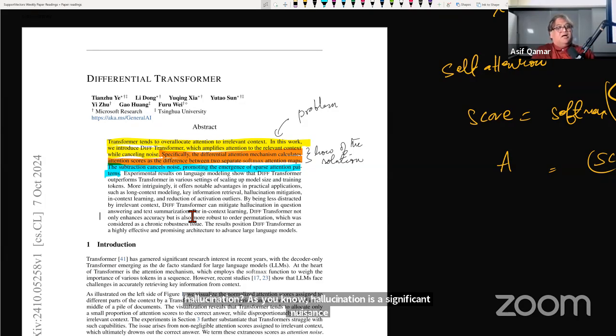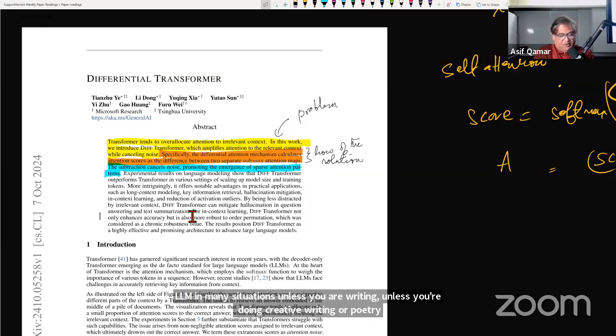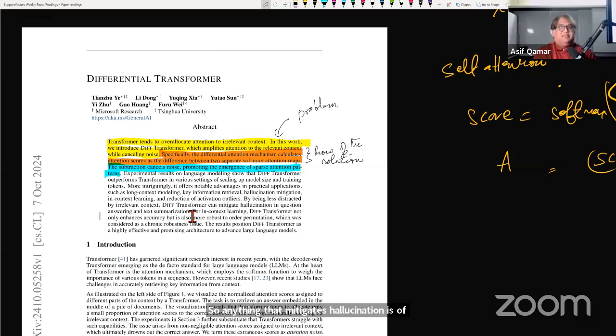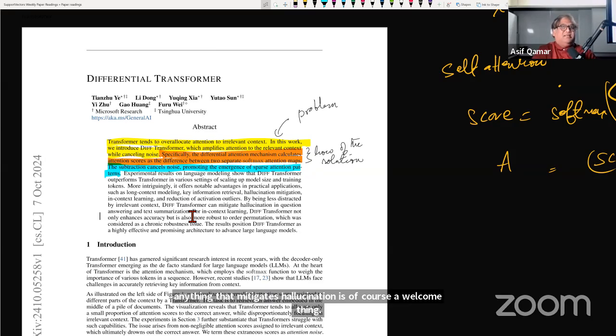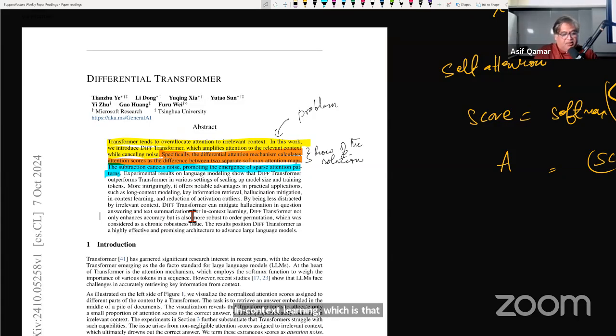Unless you're doing creative writing or poetry, in many situations, you don't want the machine to hallucinate. You want it to be factually correct. So anything that mitigates hallucination is, of course, a welcome thing. In-context learning, which is better learning from the information in the prompt, and reduction of activation outliers. So quite a few advantages if you look at it.